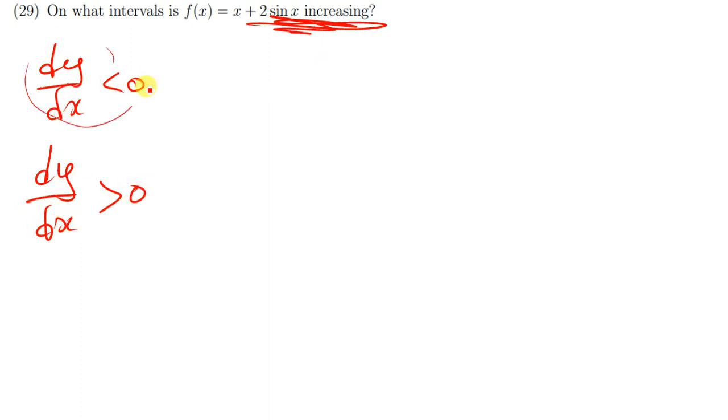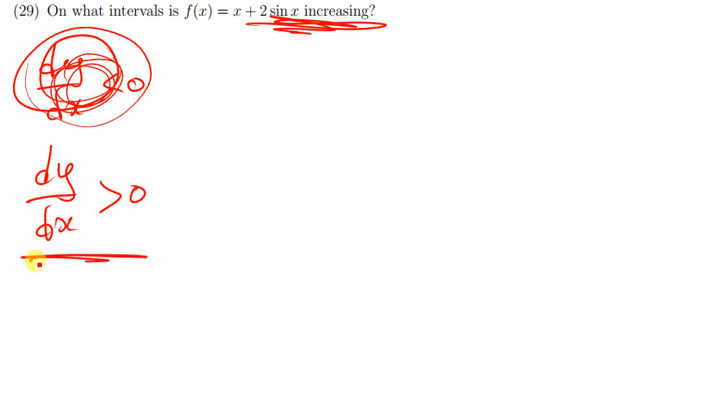So we forget about this part, because this one is used to find decreasing functions, but this one is the one that defines increasing functions. So in this case, we're just going to use greater than 0.